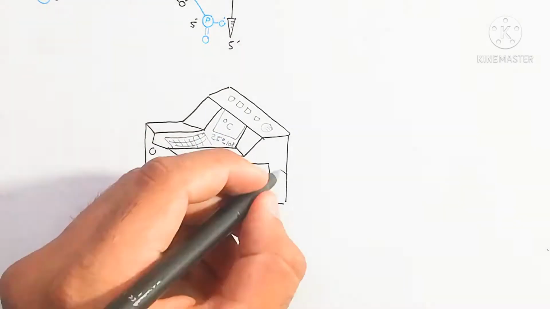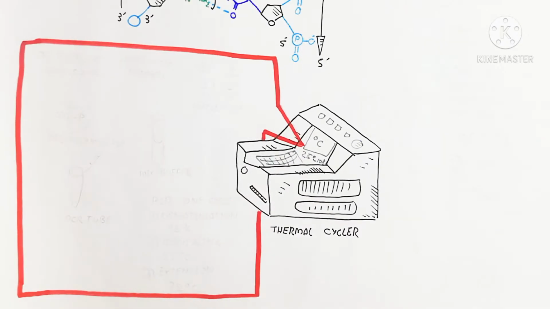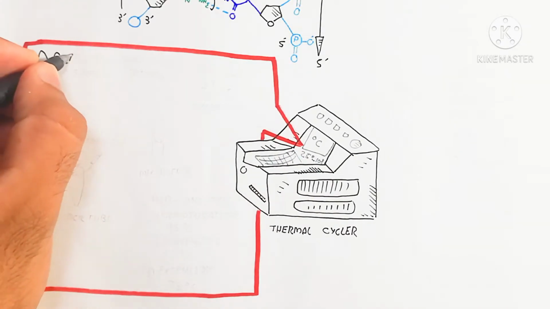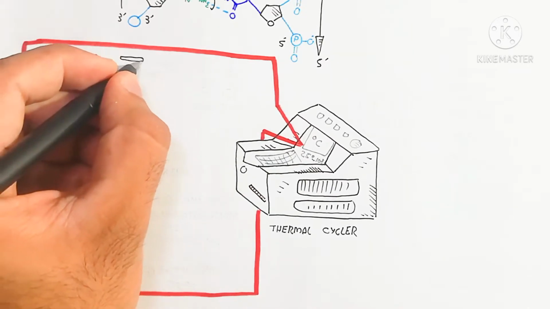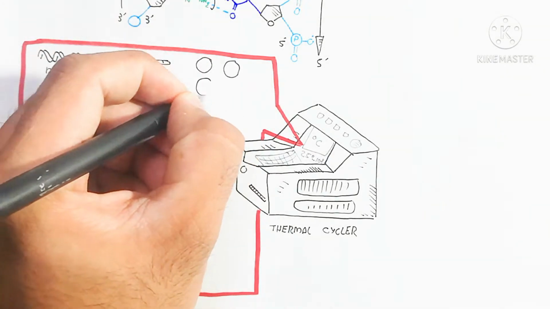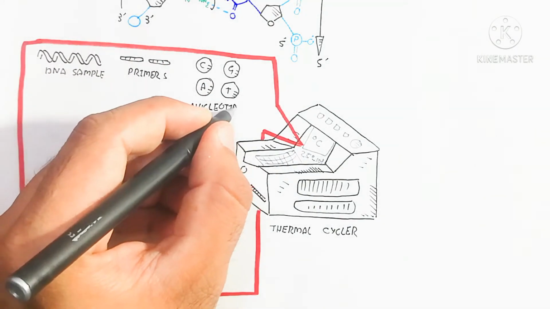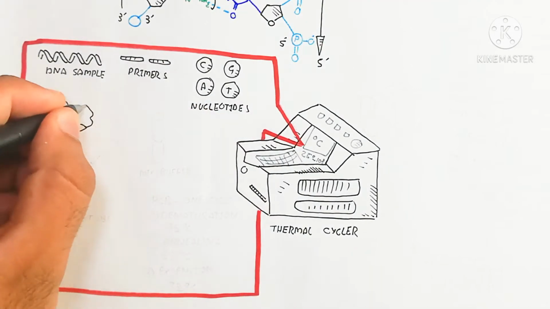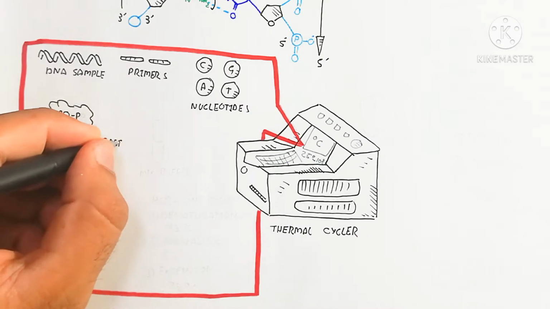We will not go into that here, but the machine containing the polymerase chain reaction is known as the thermal cycler. This thermal cycler contains many components. For example, the DNA sample that is desired, or the gene of interest, and the primer, and nucleotides containing cytosine, adenine, guanine and thymine.